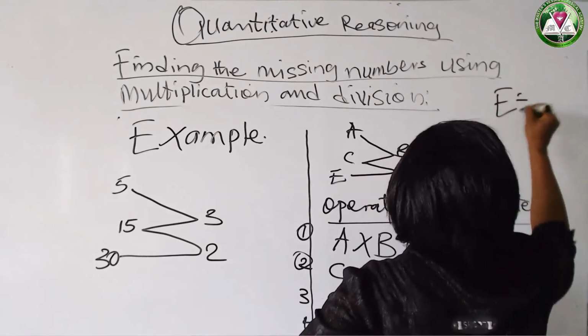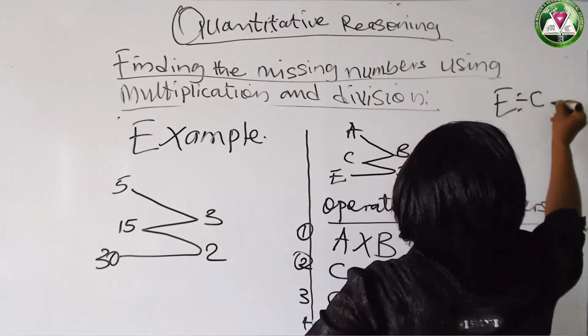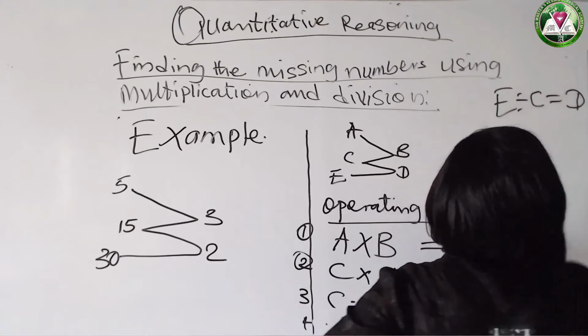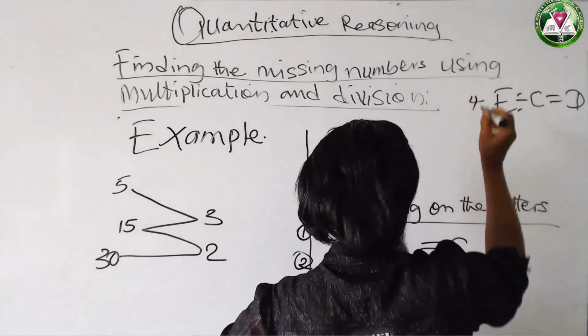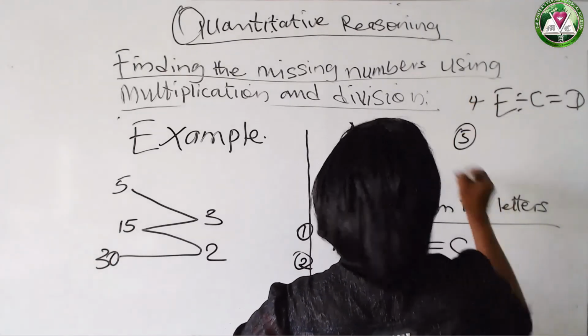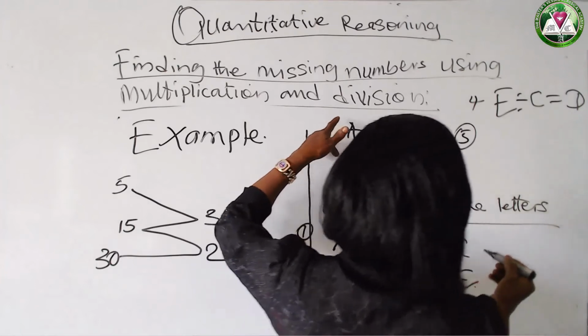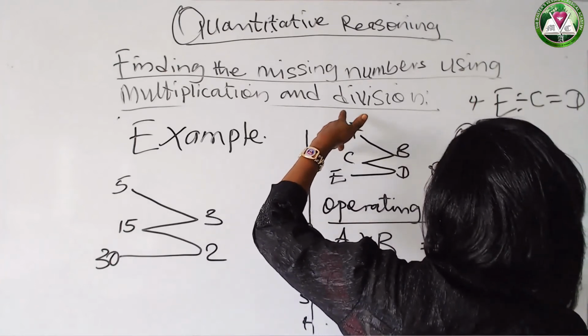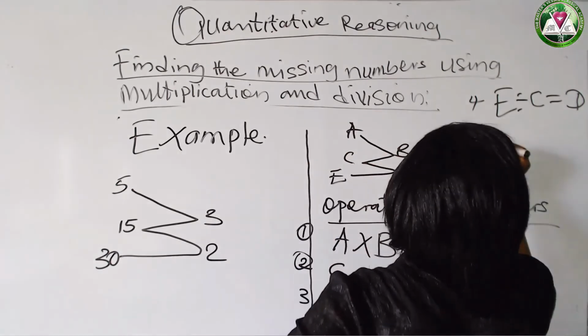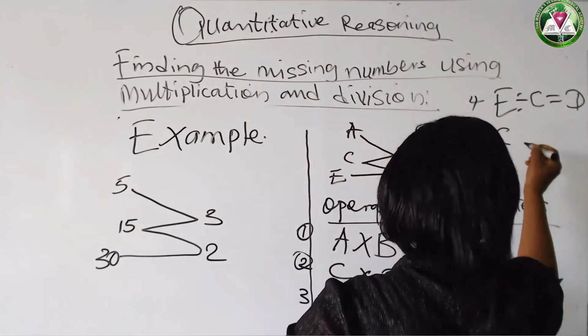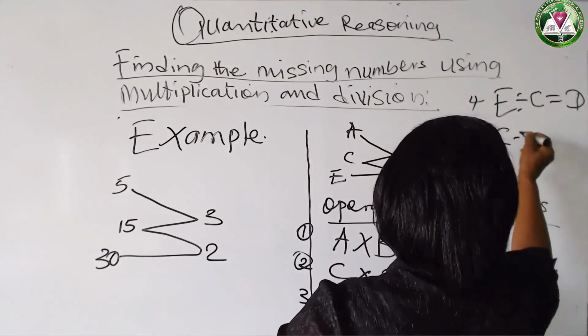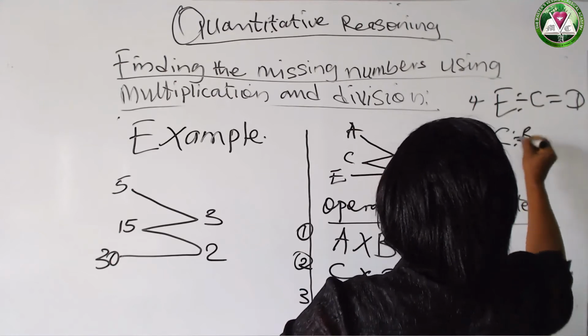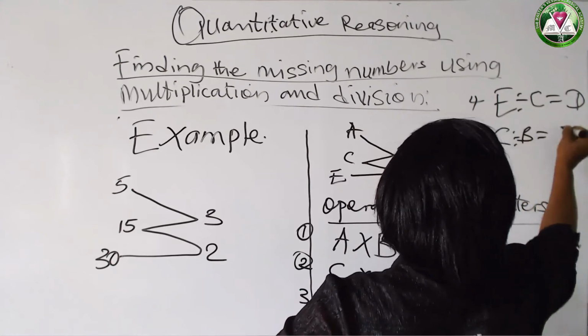Number 4, E divided by C equals D. Number 5, C divided by B equals A.